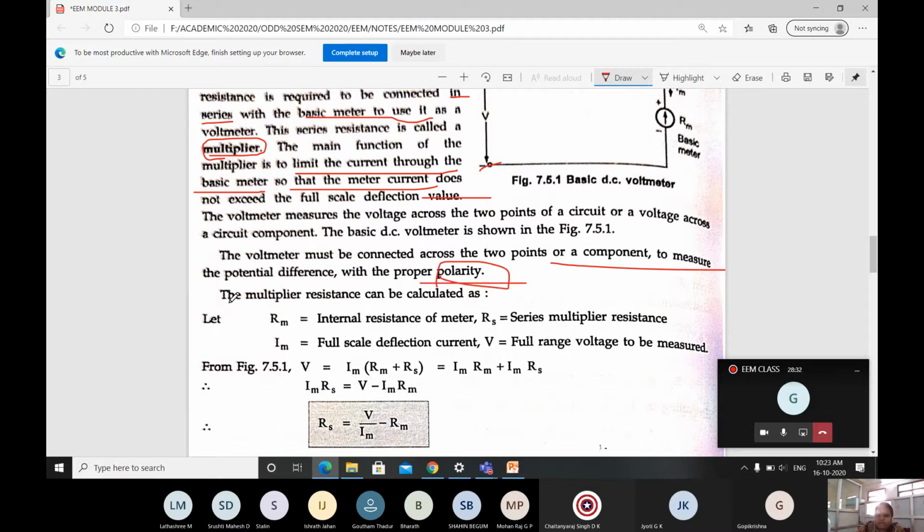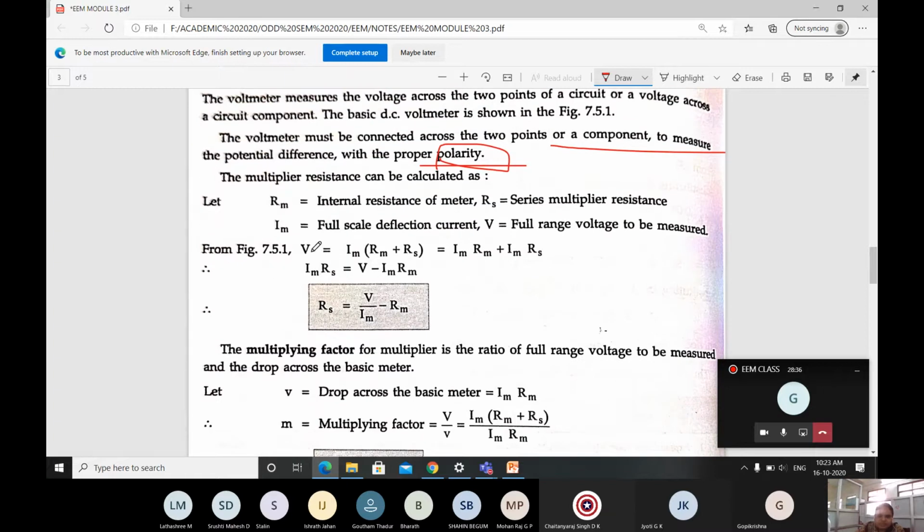Then the multiplier resistance can be calculated as follows. Let Rm be the internal resistance of the meter and Rs the series multiplier resistance. Im is the full scale deflection current. V is the full range voltage to be measured.